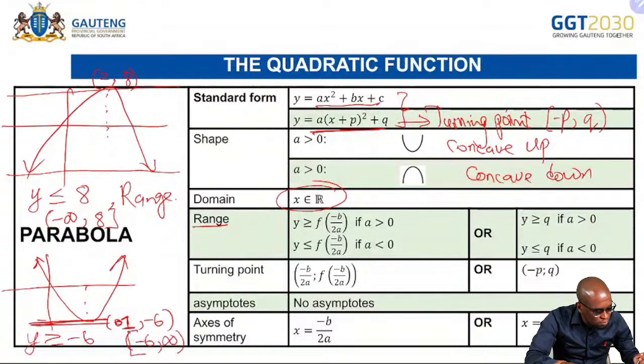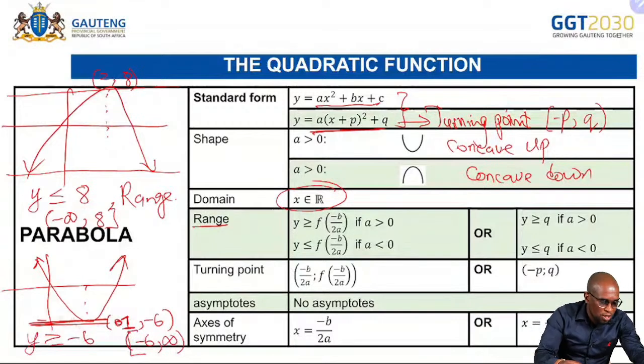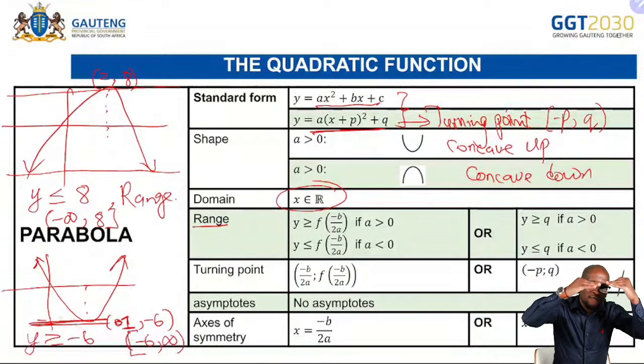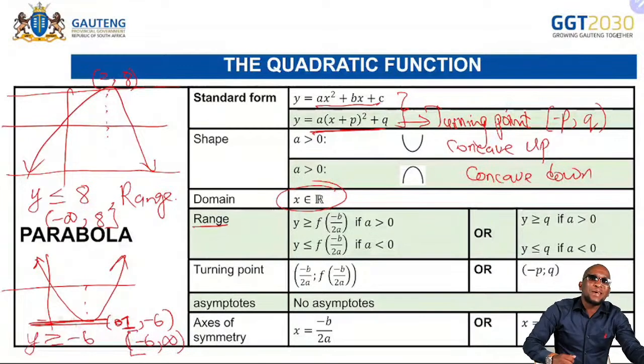That would be the range, because the range depends on whether the graph is concave down or concave up. If it is concave down, then it has a maximum turning point, which means that the graph is defined everywhere below the maximum.